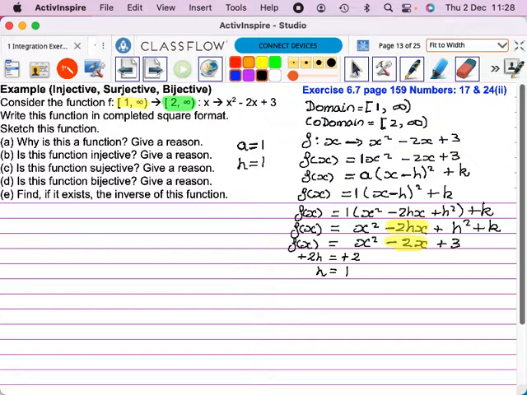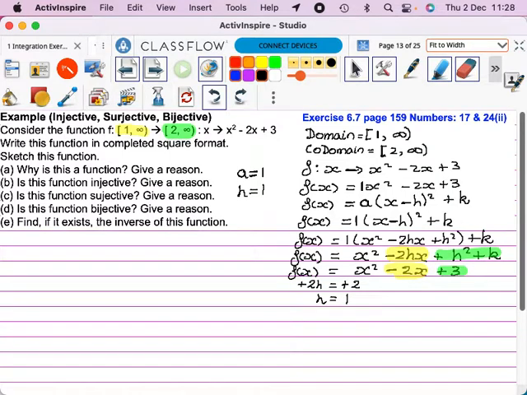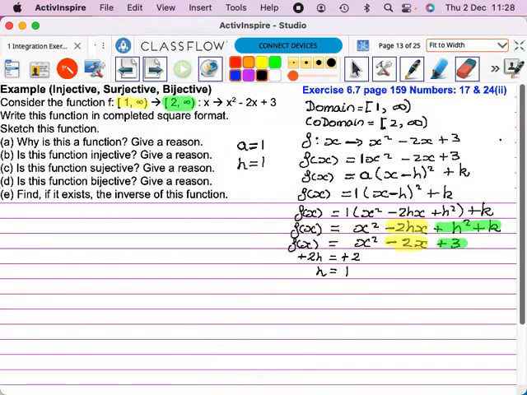Now we do the comparison for the constant, which is this number here, which equates with the number 3 written on the line below. So we've now got h squared plus k is going to be equal to plus 3.